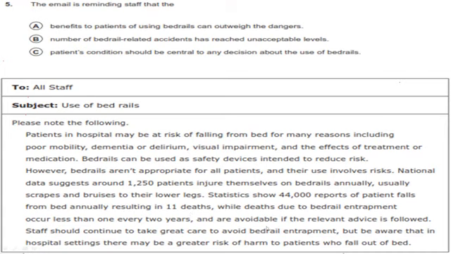And after that, let me locate it here. "In hospital settings there may be a greater risk of harm to patients who fall out of bed." So this clearly means that the benefits of using bed rails for patients can outweigh the dangers.